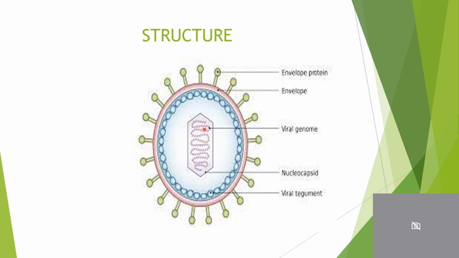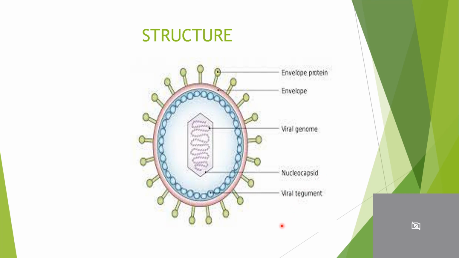In between the viral genome and the envelope, we have the viral tegument, which surrounds the virus from all around. So we have the envelope, the viral genome, the nucleocapsid, and the viral tegument.